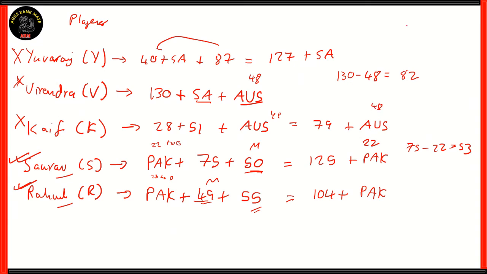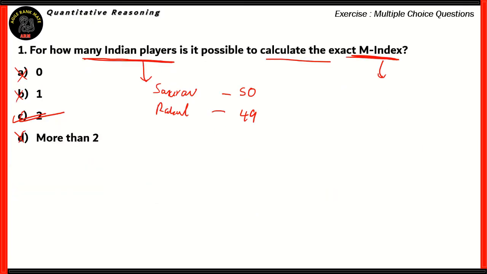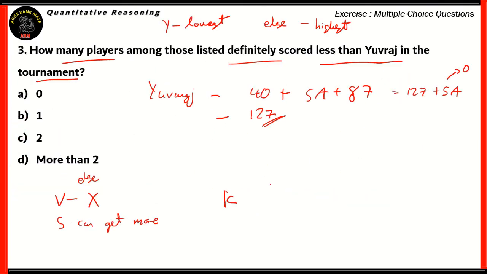So if we add 79 and 48, it's 7, 8, 4, 12. So Kaif's best possible scenario would be equal to 127.